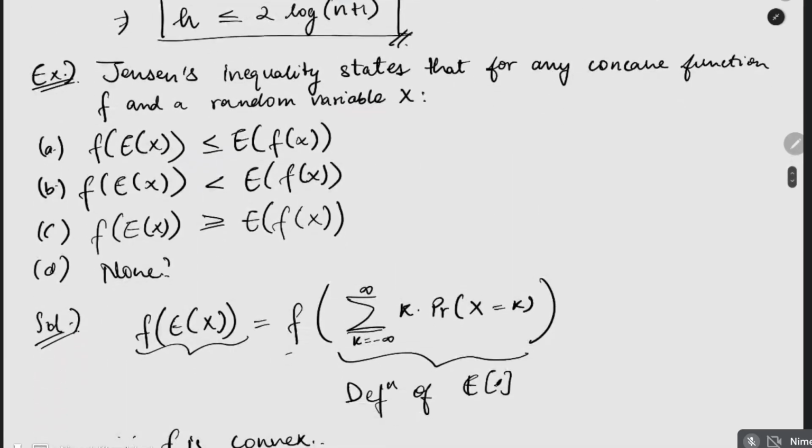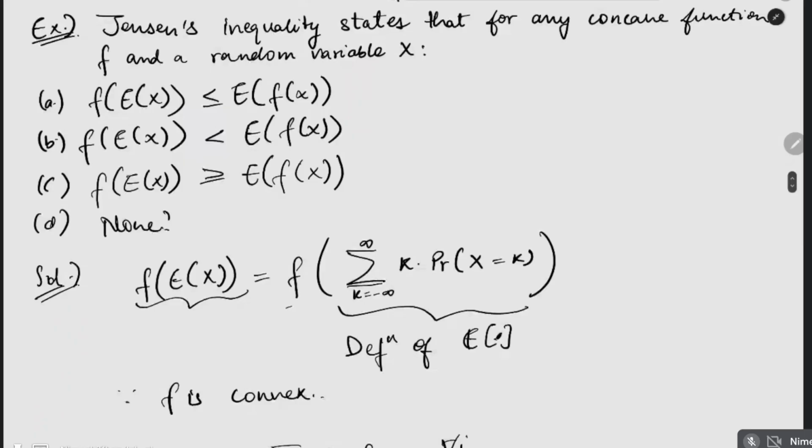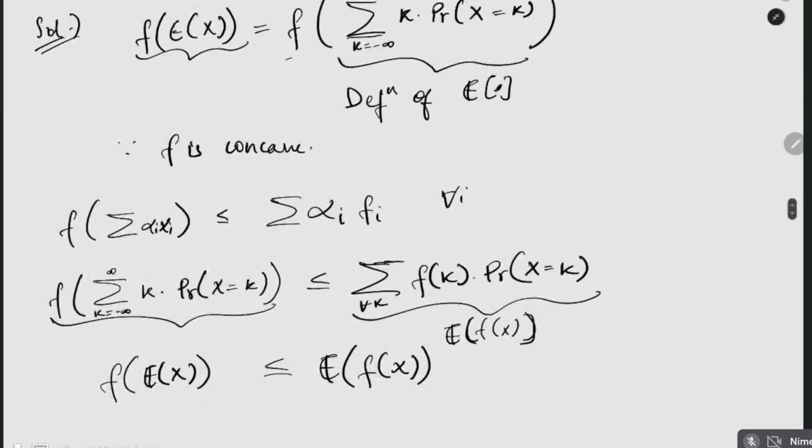And what we did here was we made a mistake, because we assumed that f is convex, but f is given to be concave. Since f is concave, all these signs revert.